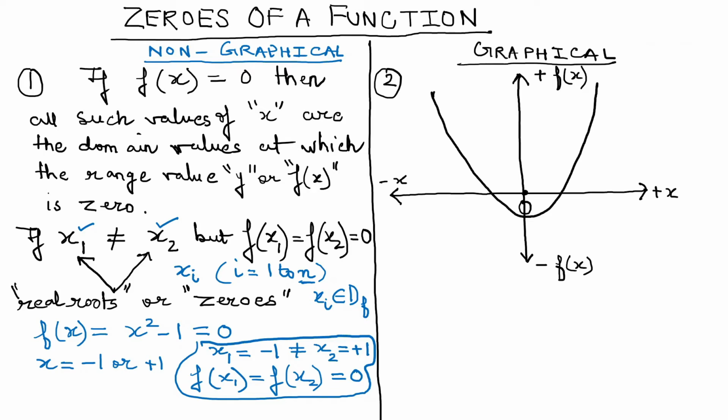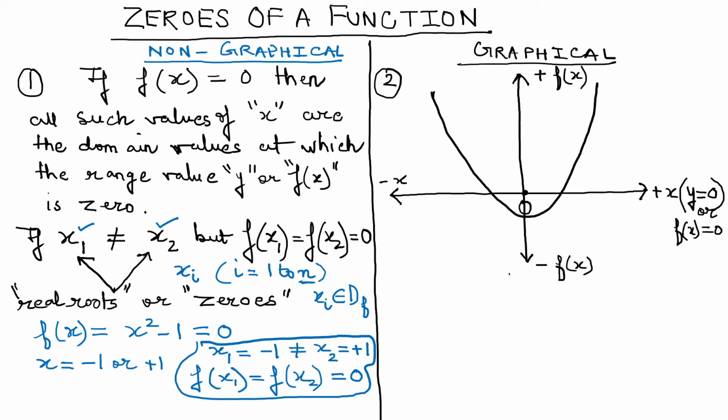The point that you need to understand here is the x-axis is also known as y is equal to 0, because there is no space for the y coordinate on the x-axis, or we could have called it f(x) is equal to 0.